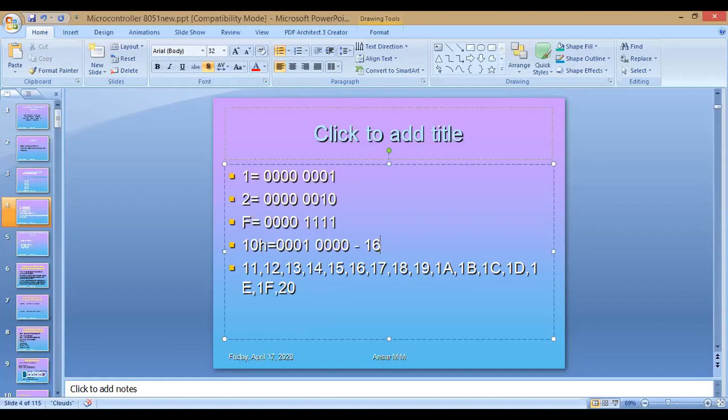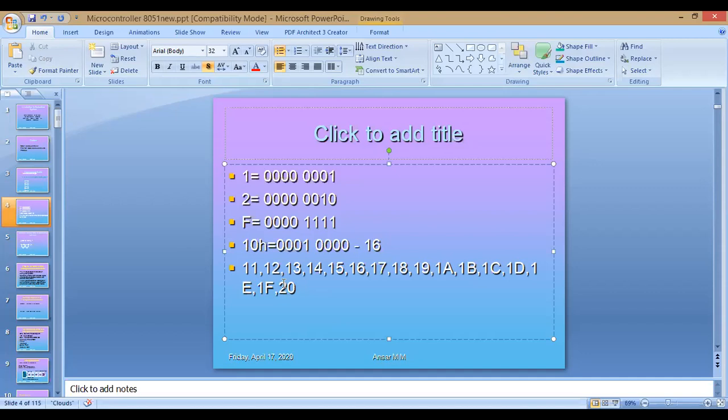So hexadecimal 11 is 17 in decimal, then 18, 19, 20, 21, 22, 23, 24, 25, 26, 27, 28, 29, 30, 31, 32. So actually the number in hexadecimal is not the same as the number in the decimal number system.